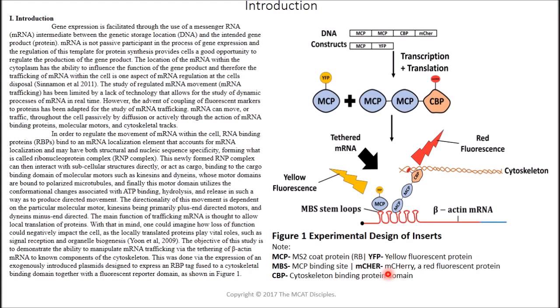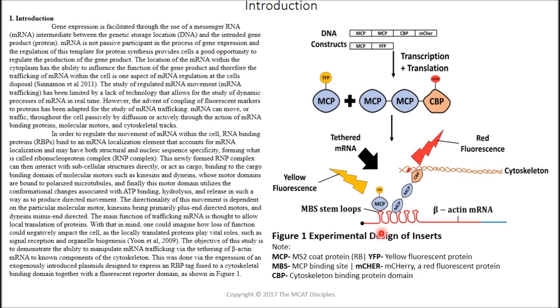There's something else going on here, which I did not mention in the introduction because I mentioned it further down. I just didn't want to make you read too much. There's another protein called MCP-YFP being expressed in this cell. This is the construct that was introduced into the cell before I did my experiment. Somebody introduced this MCP-YFP, which binds to beta-actin mRNA and will fluoresce.